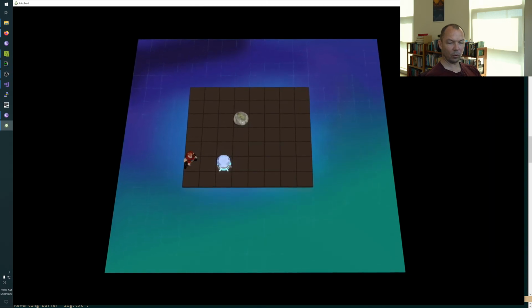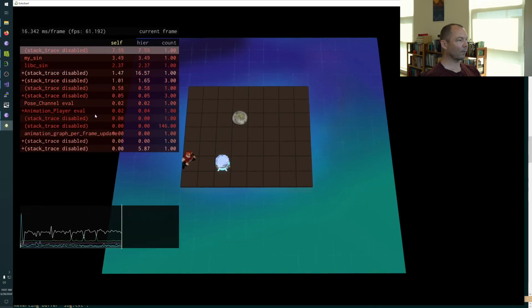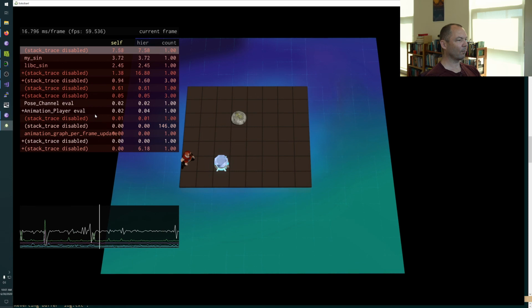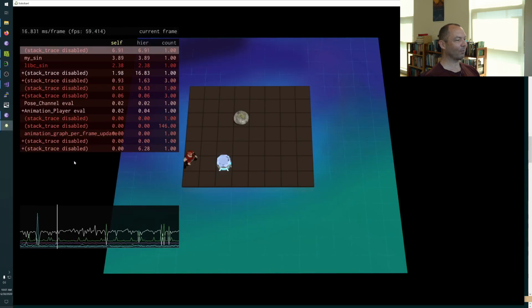You need only a quarter of a circle. Yeah. All right. I mean, it's about the same. Oh, this if that we got rid of was only for cosine. So we're not benchmarking cosine, so we wouldn't see any benefit from this in our current benchmark.